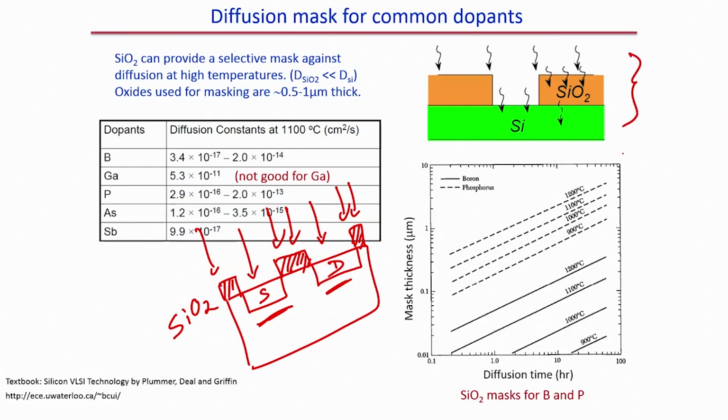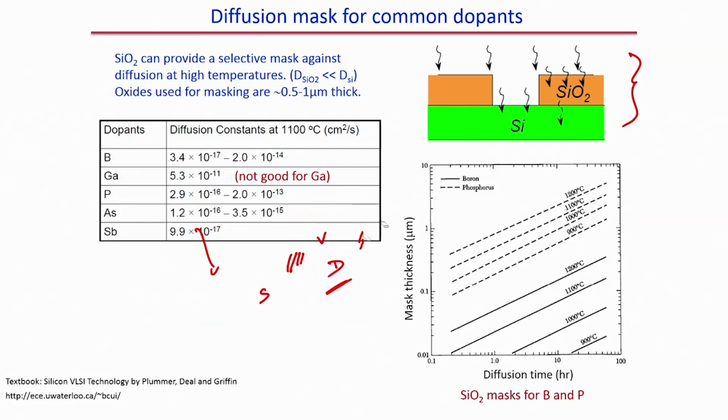So, silicon dioxide can provide a mask against diffusion at high temperature. Okay. And what are the materials that are used for diffusion? Boron and phosphorus, depending on whether you want p type diffusion or n type diffusion, whether you want an n channel MOSFET or a p channel MOSFET, whether you want an enhancement type MOSFET or a depletion type MOSFET, right.